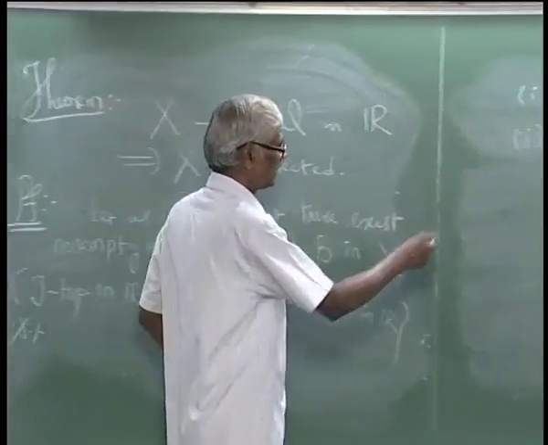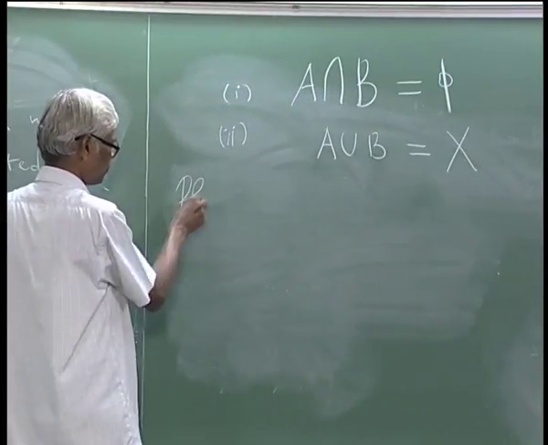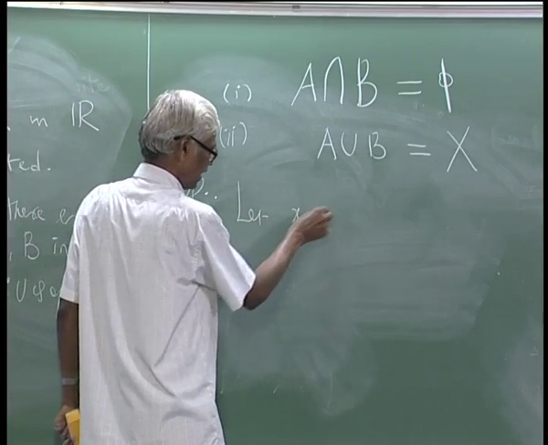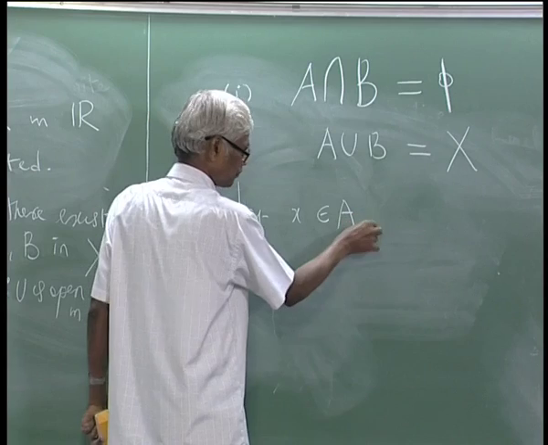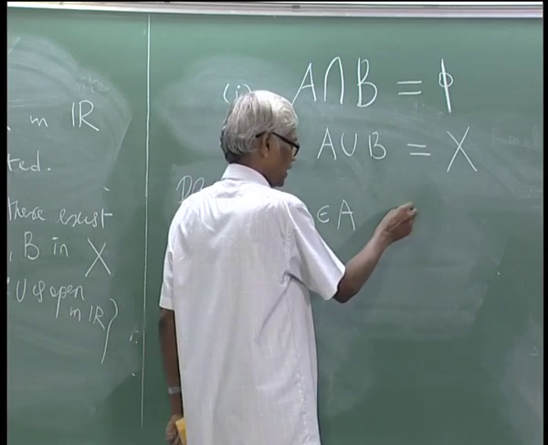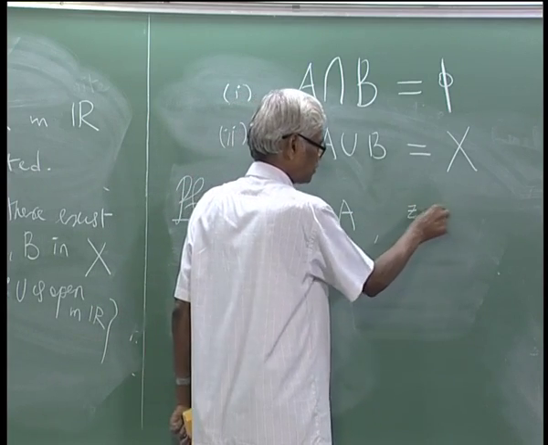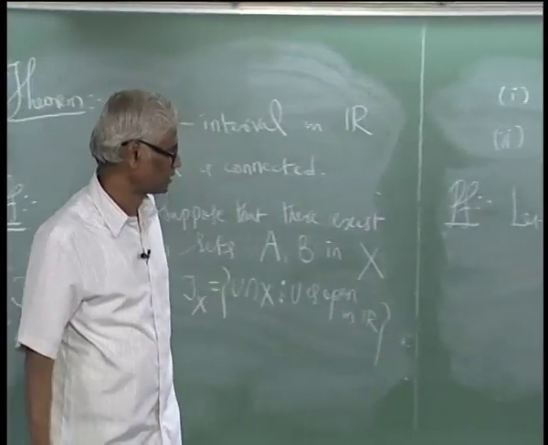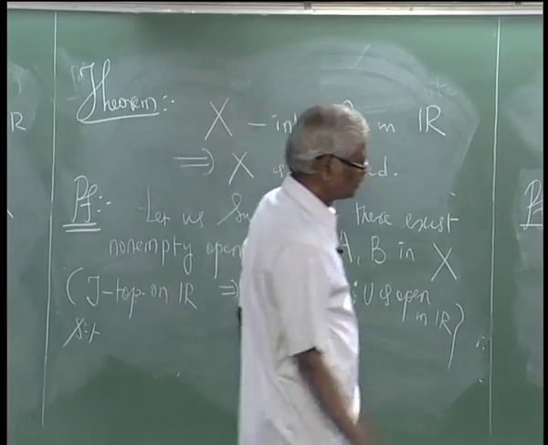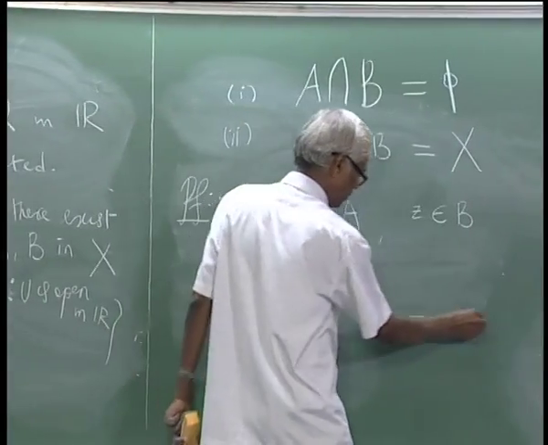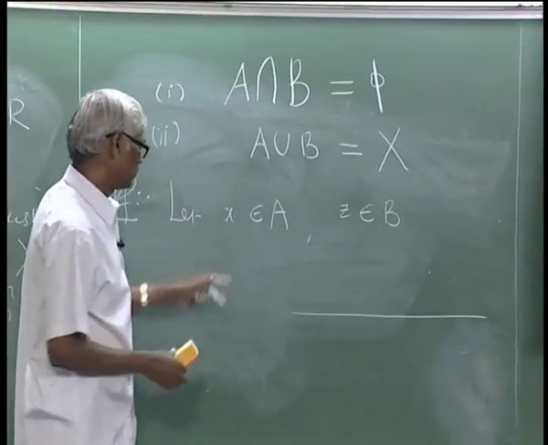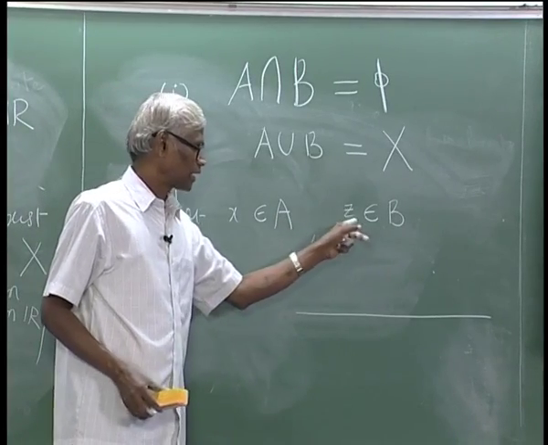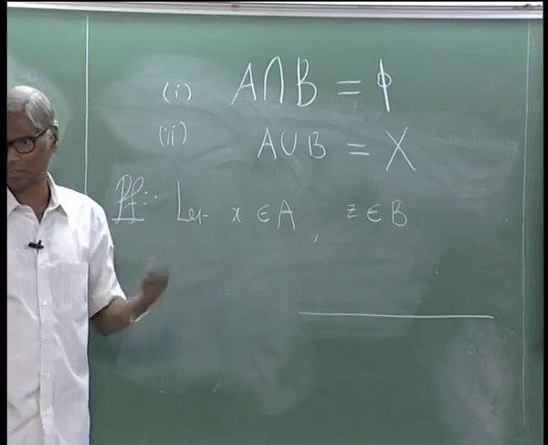So, take an element x in A, and an element z in B, and in between we will call some element y. We do not know which of x and z is less, but at least they cannot be the same because they are disjoint.